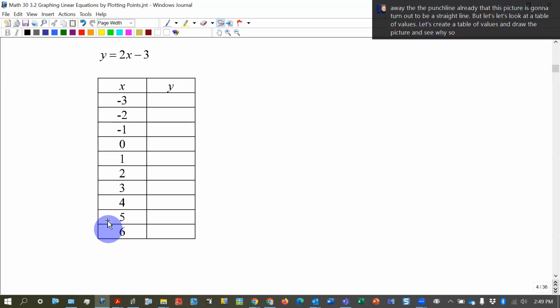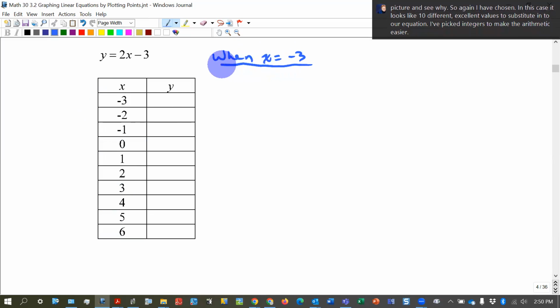So again, I have chosen, in this case, 10 different x values to substitute into our equation. I've picked integers to make the arithmetic easier. And the first one is x is -3.